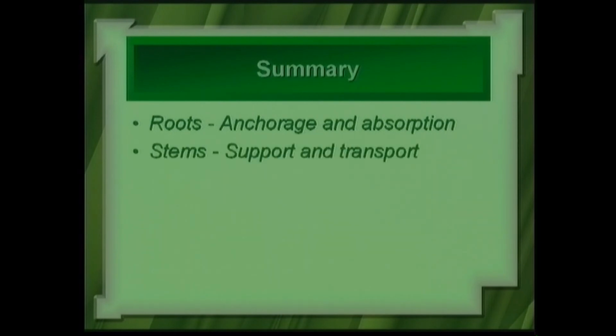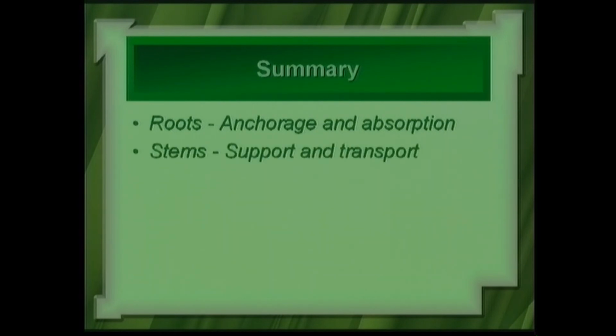All right, what we're going to do is the summary. We started on some things, including roots. What do they function in? Their main functions have to do with anchorage and absorption, the main things that roots do, and they have secondary functions as well: reproduction, and in some cases photosynthesis.